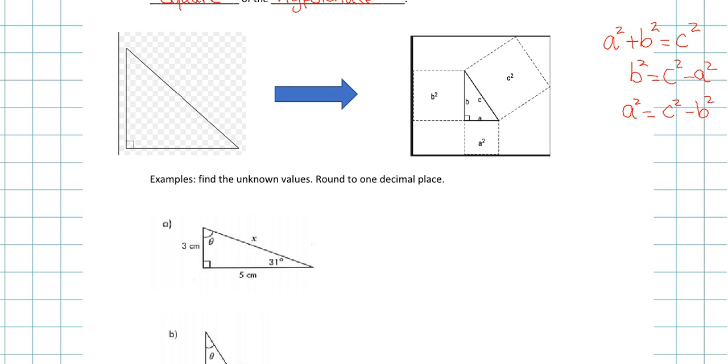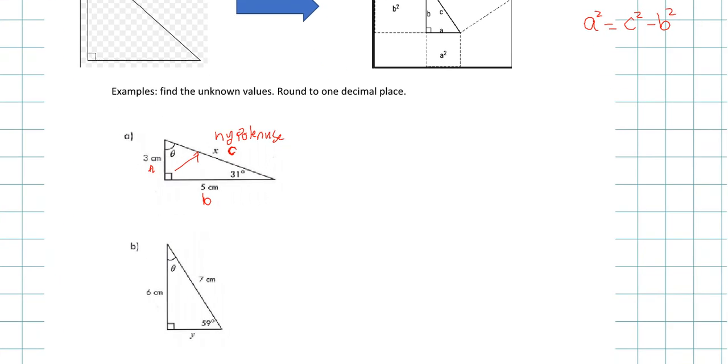Okay, because that's the one across from the 90 degree angle. Or I can call it C, because that's the formula I'm used to. And what do we call the 3 and the 5? A and B. So in this case, I know A and B, and I'm looking for C. So I use the first formula that I know. A squared plus B squared equals C squared.